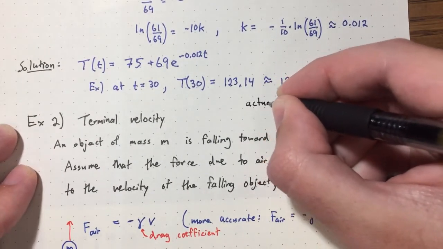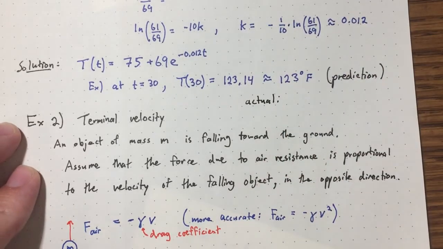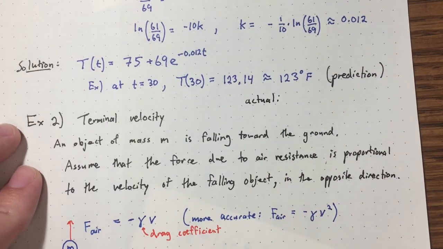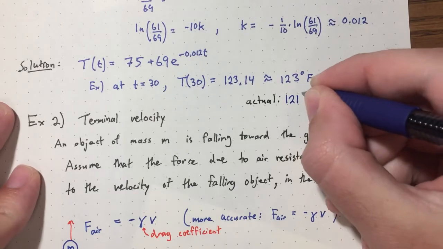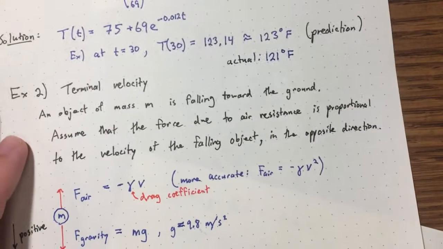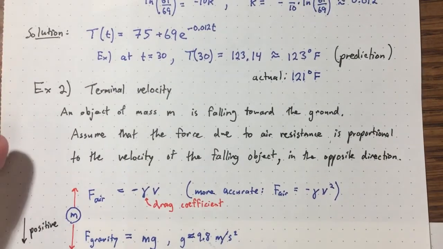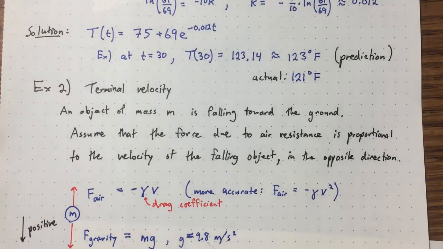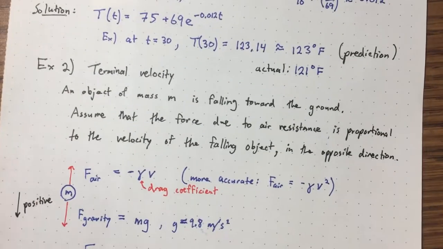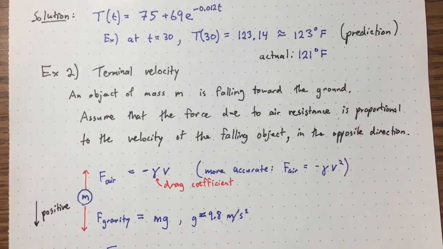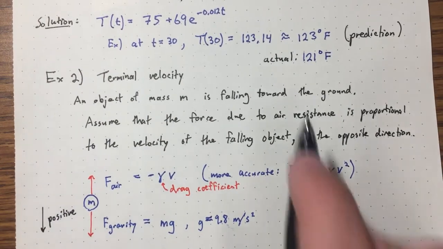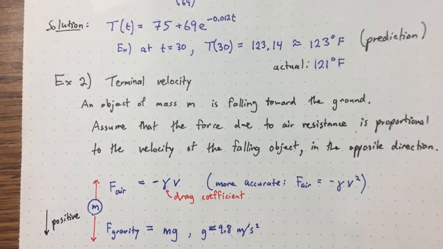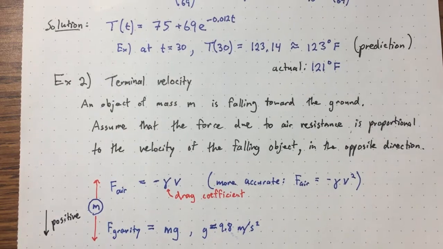So the actual temperature was 121 degrees Fahrenheit. There are many reasons. Of course, it's not a perfect model, and it's very rare that you get exactly 123. But this was fairly close, and Newton's law of cooling is definitely a good model for this kind of situation.